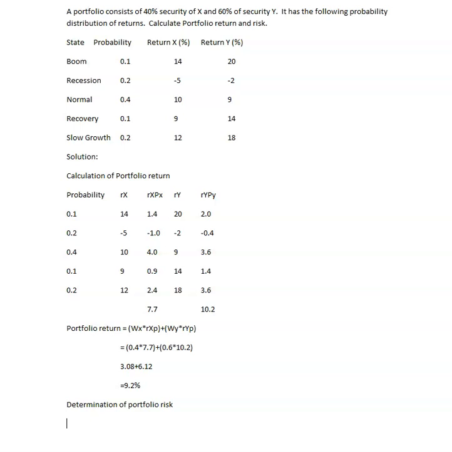After that we calculate the covariance, coefficient of correlation between security X and security Y, and then we apply one simple formula: weight of X square multiplied by standard deviation of X square plus weight of Y square multiplied by standard deviation of Y square plus 2 times the weights, standard deviation of X and standard deviation of Y, and correlation. So we can calculate the portfolio risk.